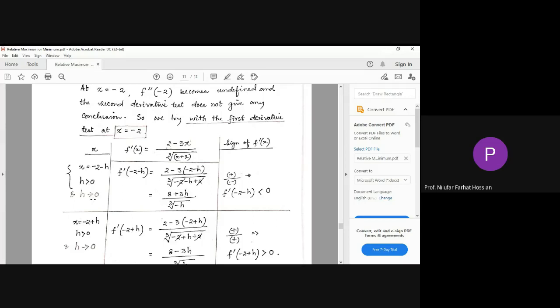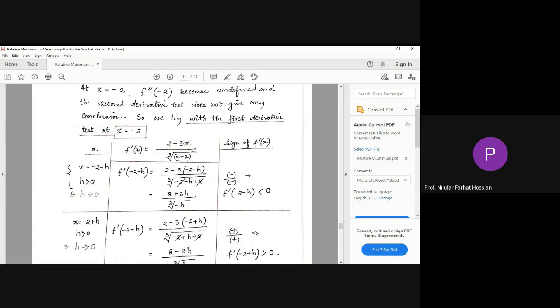These two are very important. H is always positive, right? Because you have to take a point which is less than this point and another point which is greater than this point. So always we will take a number which is very, very small but which is positive.